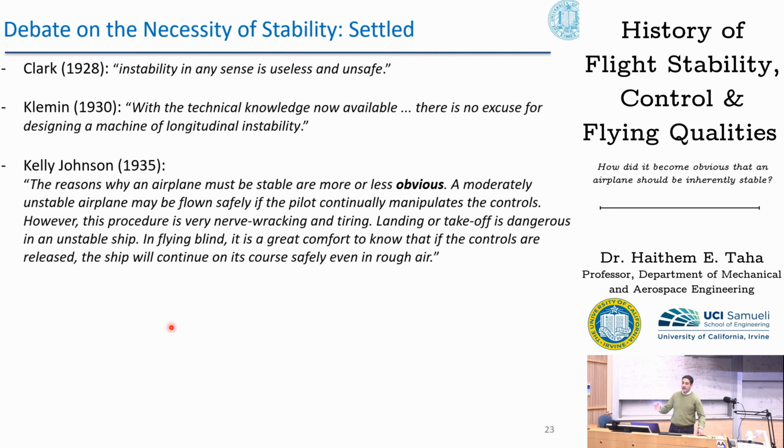For short flights, the pilot can fly an unstable airplane fine, try to correct here and there, but he or she cannot continue for a long time correcting for this. This will be exhausting. Not only that, also advancement in instrumentation allowed blind flying. And if you fly blindly without any visuals, it's really reassuring to know that your airplane is naturally stable.